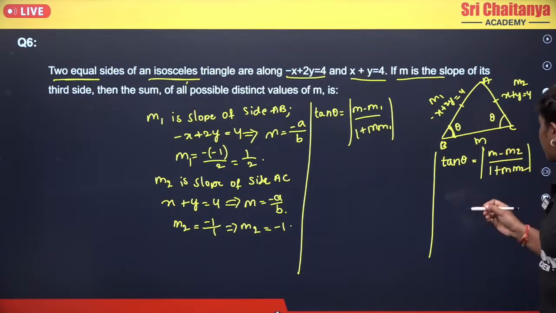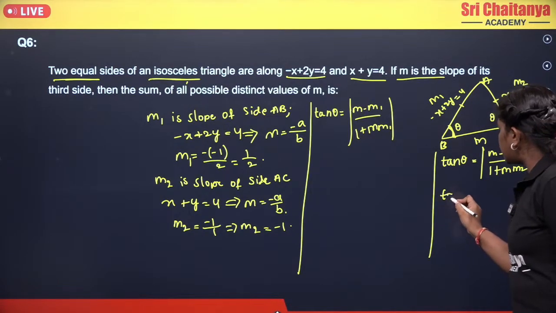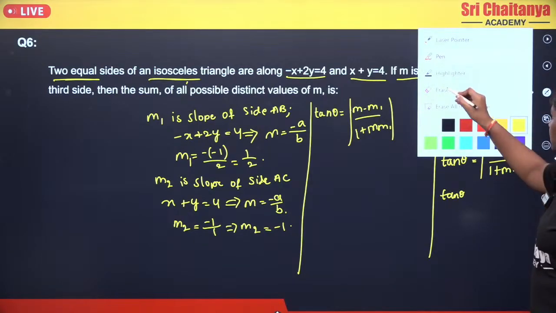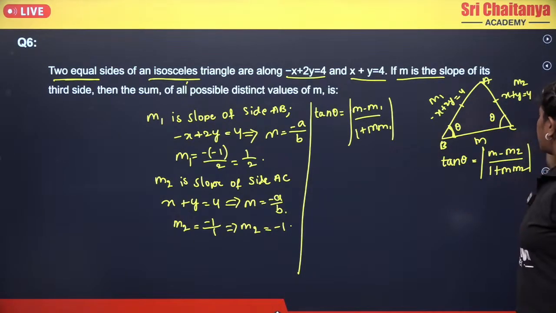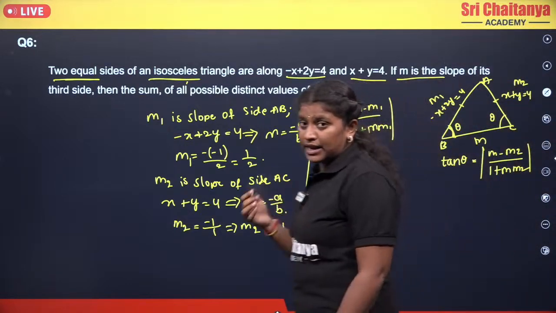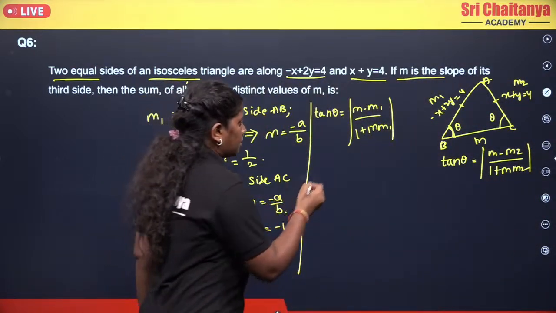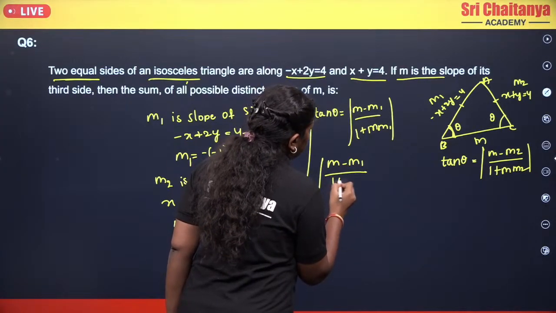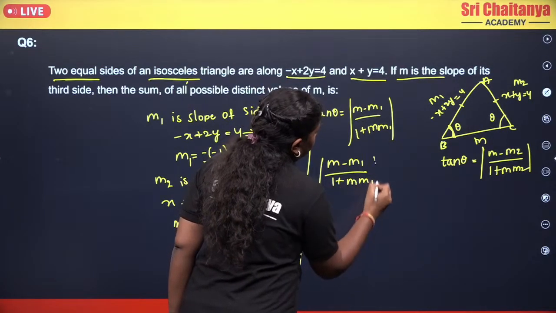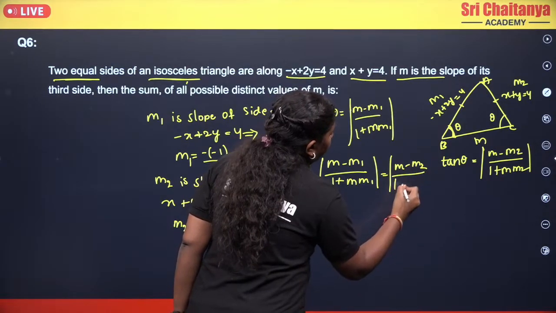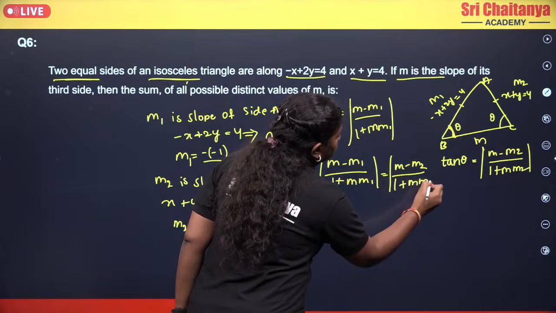Okay, now place the values here. Otherwise we can equate them here only, so it will be very easy for us. So finally we can write modulus of m minus m1 by 1 plus m into m1 equals m minus m2 by 1 plus m into m2.